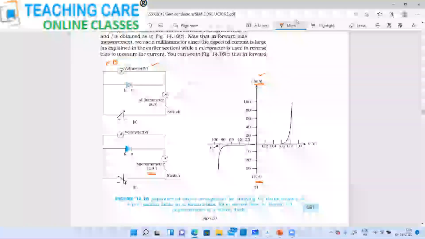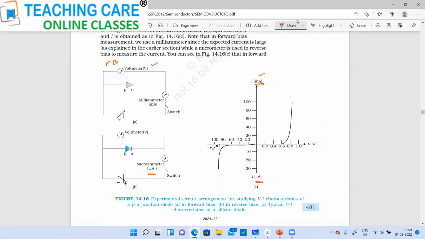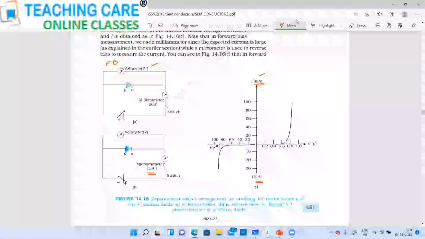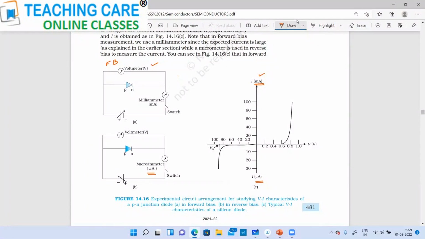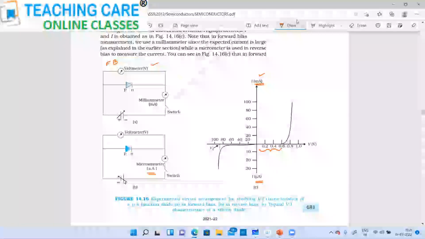See what happens when we connect the circuit in forward bias. No current flows through the junction initially. We are increasing the voltage, but there is no current increase. When the applied voltage is not greater than the barrier potential, no forward current is possible, and this is represented by this region. We go on increasing the potential difference, but there is no current.